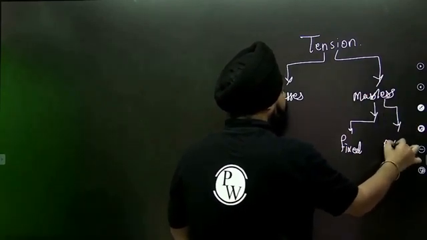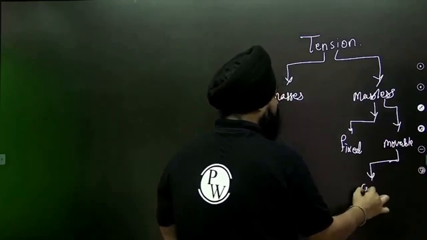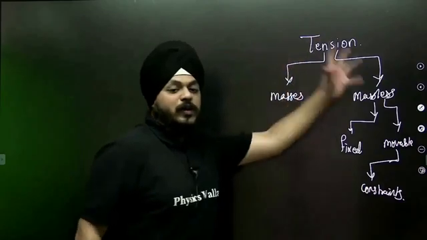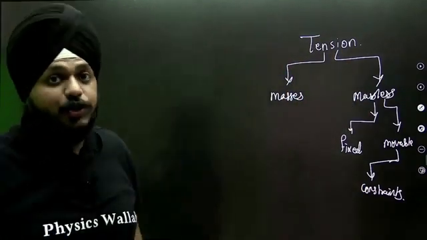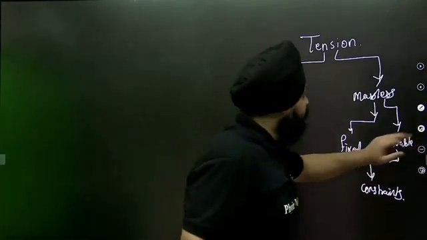For movable pulleys, we have constraints. Like this, the flow chart follows. Now let's see this question.